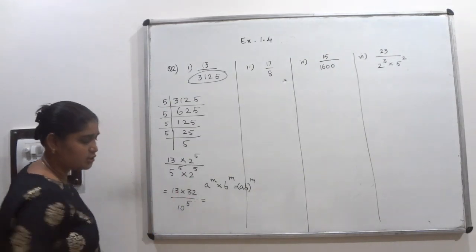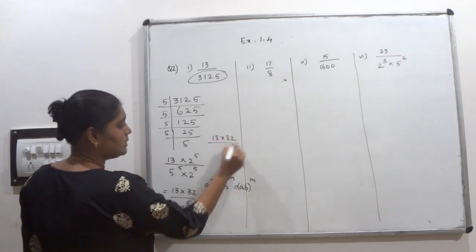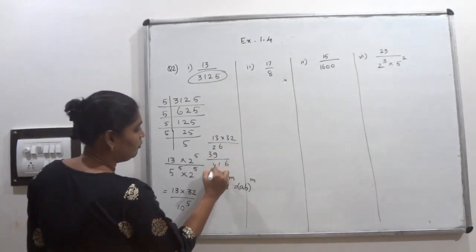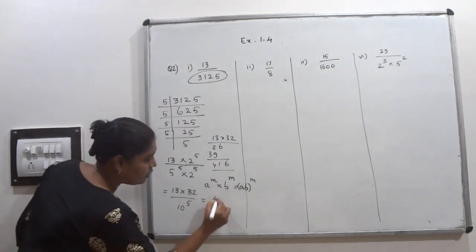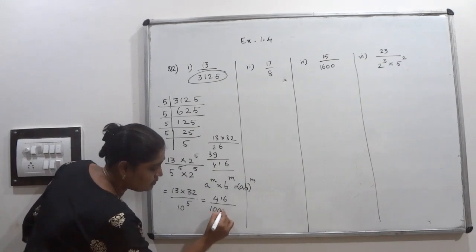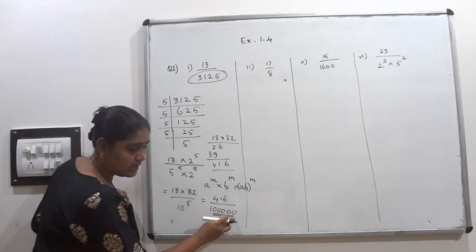Just multiply 13 into 32. What is the answer? 416. 416 upon 10 power 5. How many zeros are there? 5 zeros. Now check the denominator, it has 5 zeros.